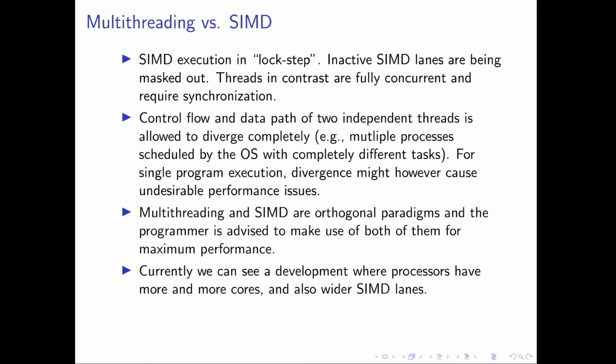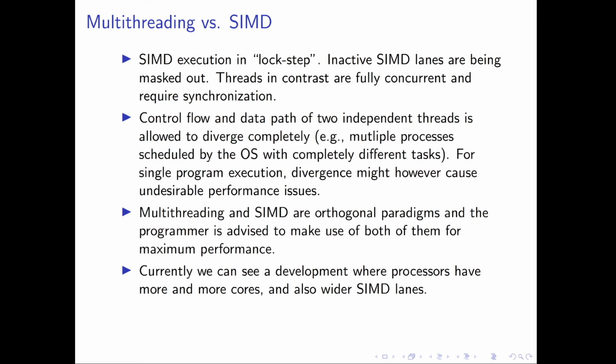When the data path of our program diverges, we mask out certain lanes and have the SIMD operations only work on those items that are currently active, and the other divergent paths we would perform work on afterwards.